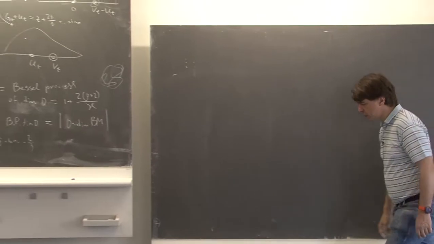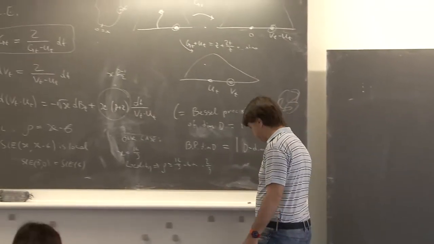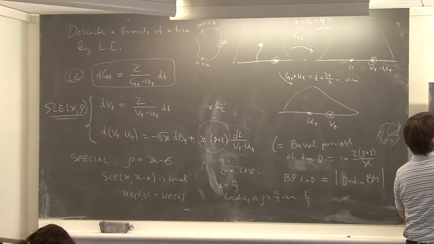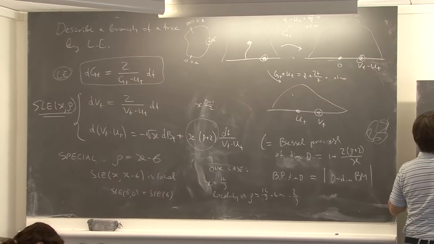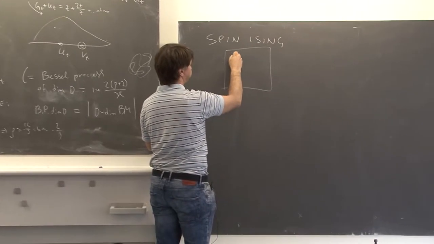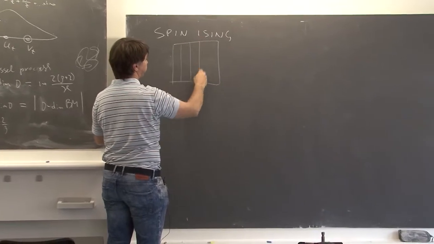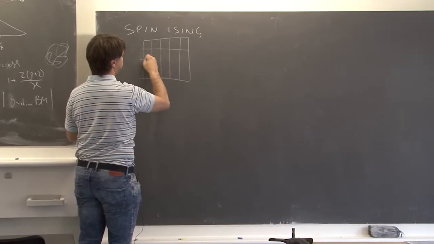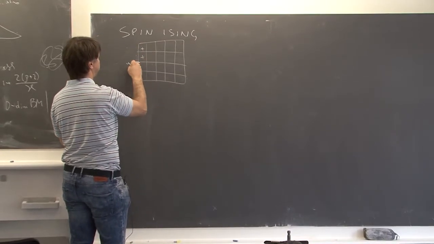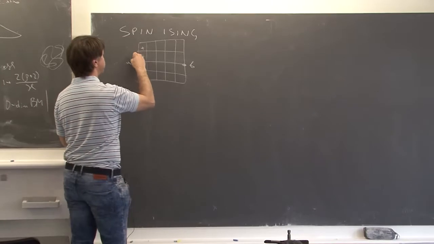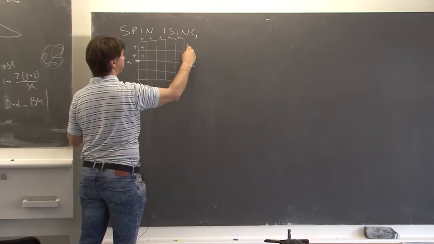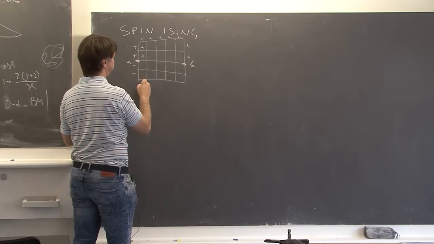So I will write a sketch of proof for the spin Ising model. So we have, let's say, a configuration of pluses. So I have again point A, point B. And I assume that the boundary conditions are plus on one side and minus on the other.